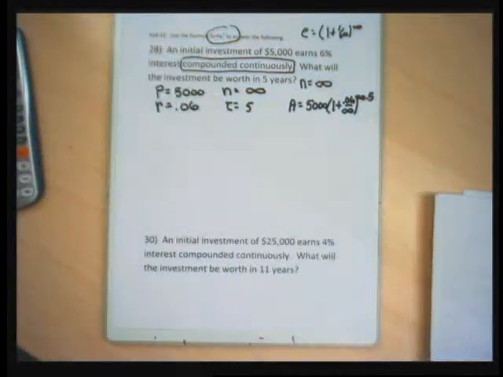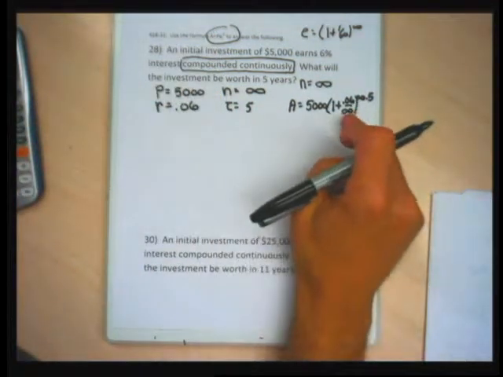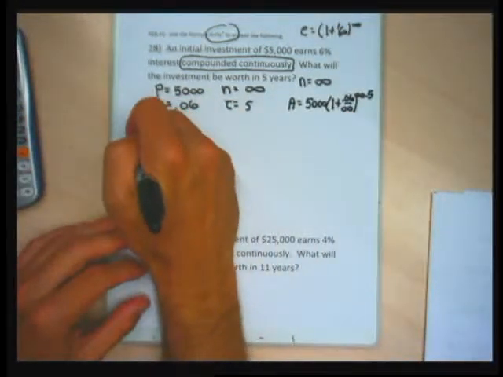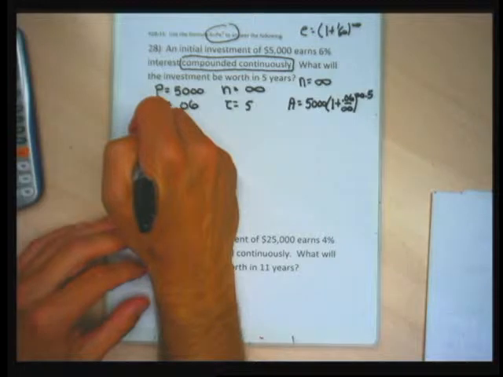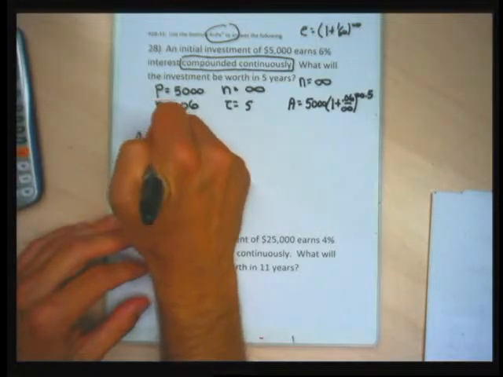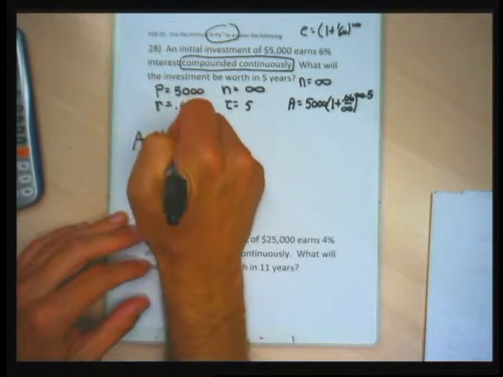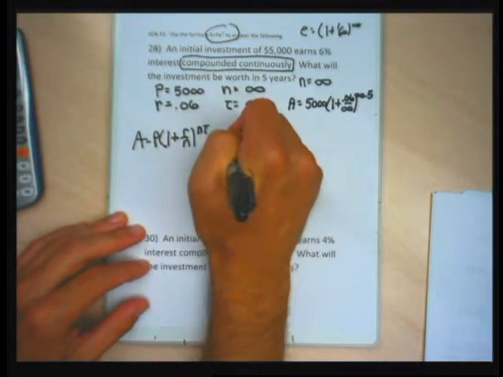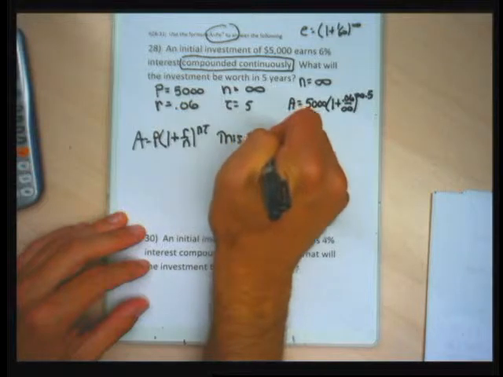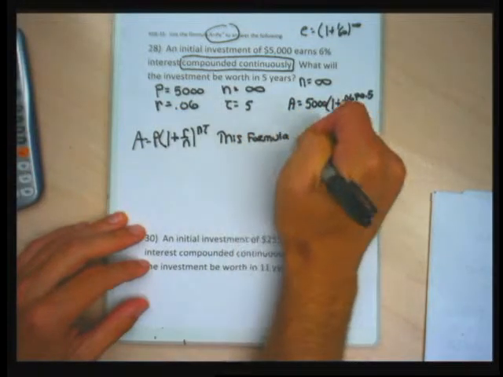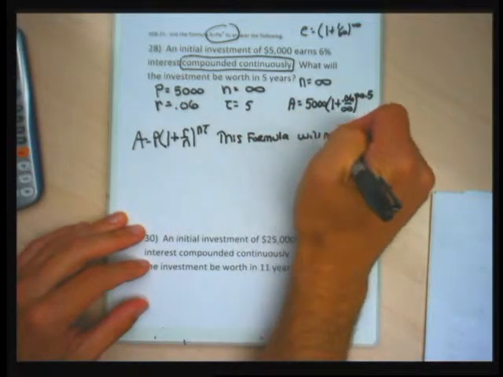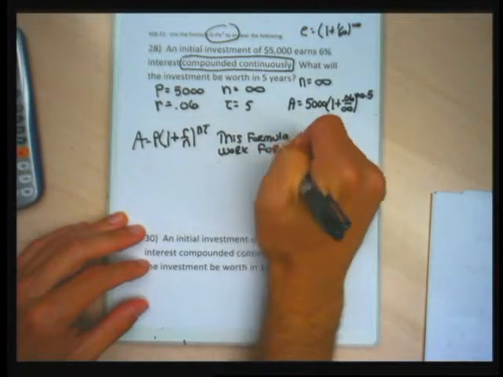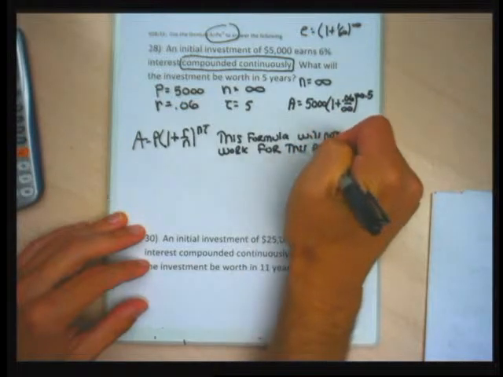So for each problem 28 and 30, because I can't put infinity on my calculator, there's a new formula. There's the regular formula that we had, A equals P times 1 plus R over N to the NT. This formula will not work for this problem because the n is infinity.